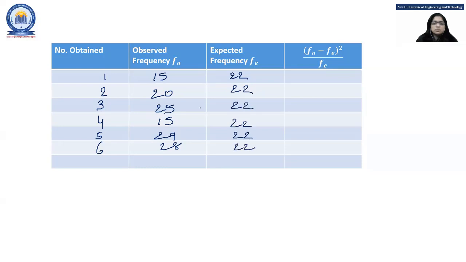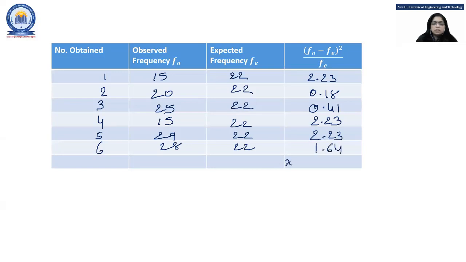So after substituting observed frequency and expected frequency in this formula, we'll get 2.23, 0.18, 0.41, 2.23, 2.23, 1.64.